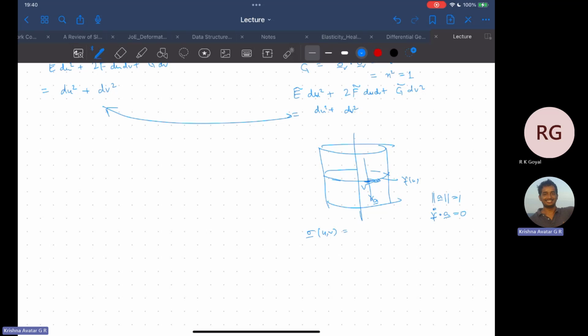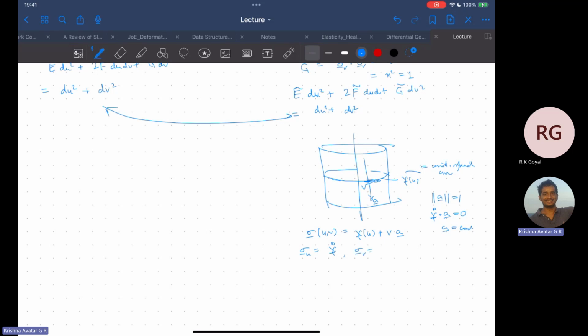So the parametrization here is gamma vector u plus v times a vector, and the a vector is always constant because all the rulings will have the same direction. Now let's take a look at sigma u, which is nothing but gamma dot, and this gamma is also always chosen to be a unit speed curve, as we recall from long back that we'll always be dealing with unit speed curves. So gamma dot, and then there is no u anywhere else.